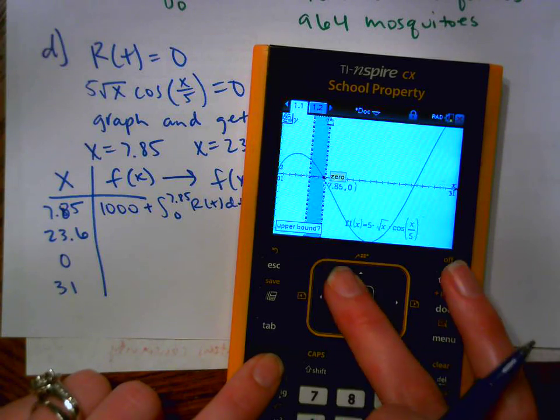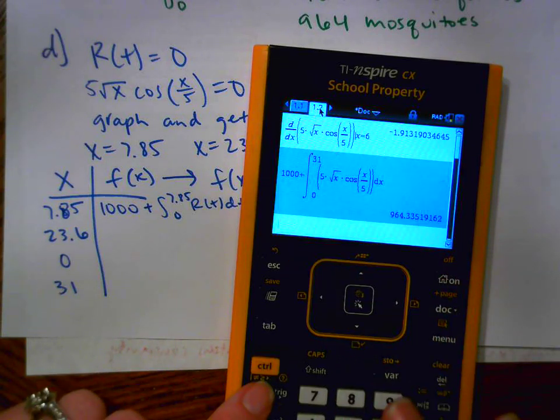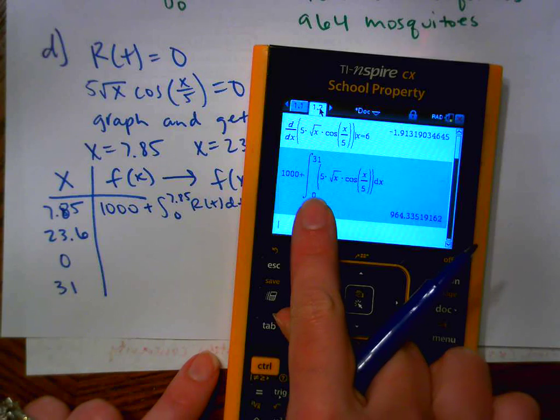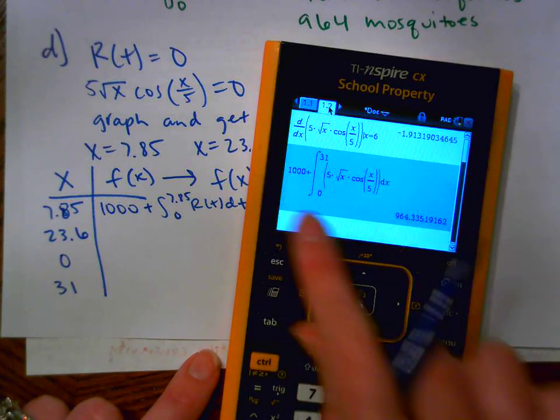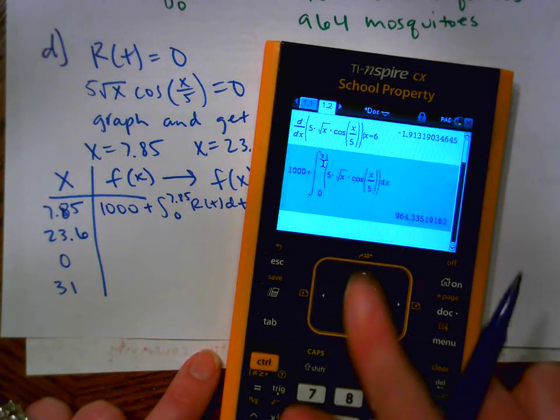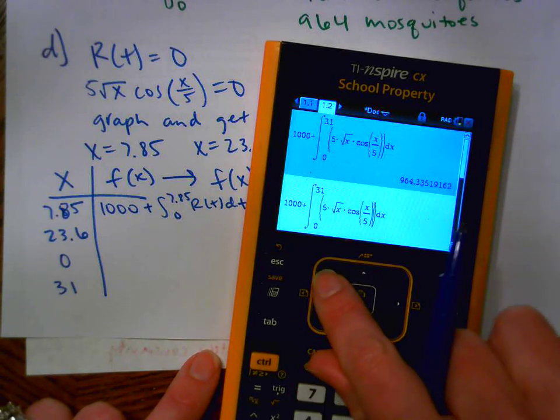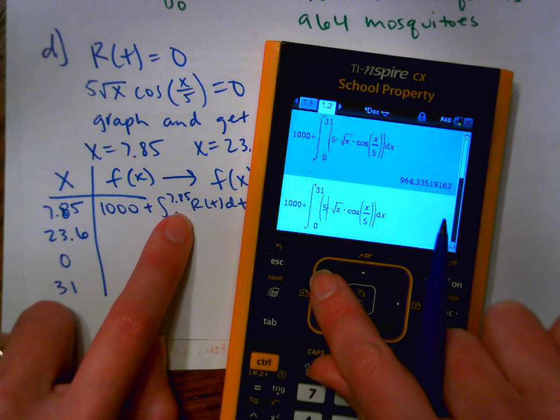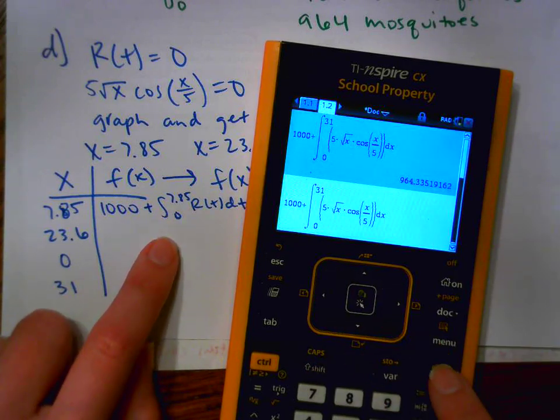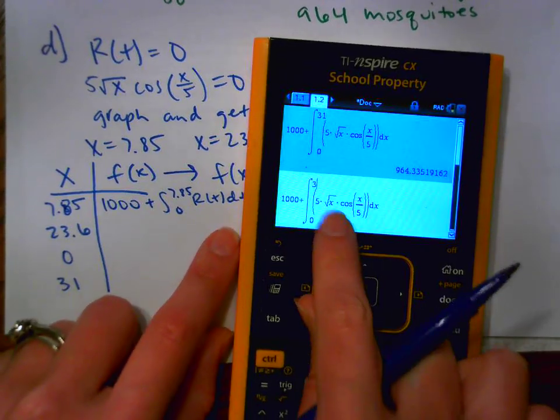I'm just going to use this same format. If you've already typed this in from part C, you don't need to retype it. You can just scroll up, highlight, and all you're changing is that top boundary. Everything else is staying the same. I'm not plugging in for these x's.